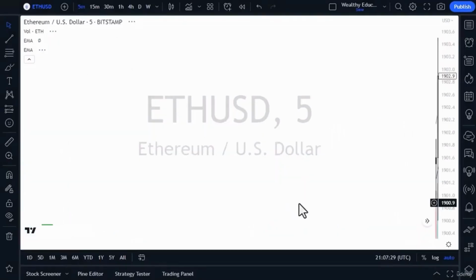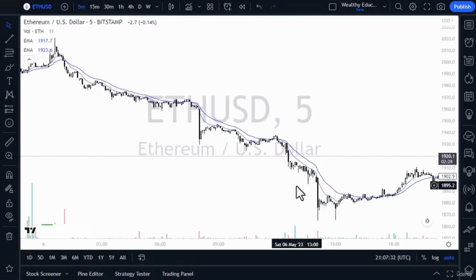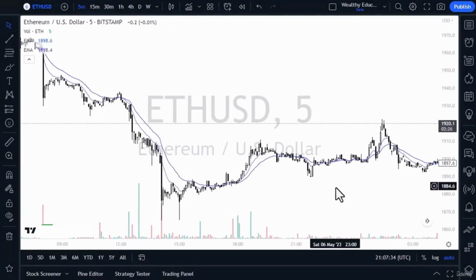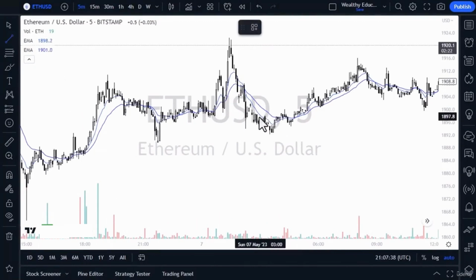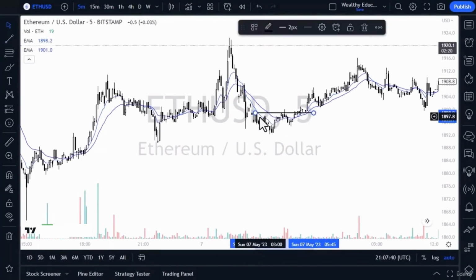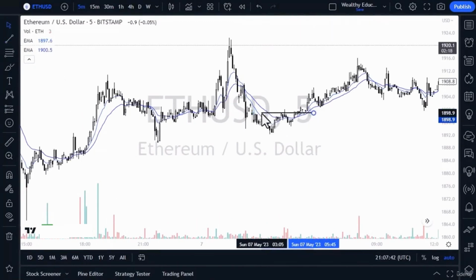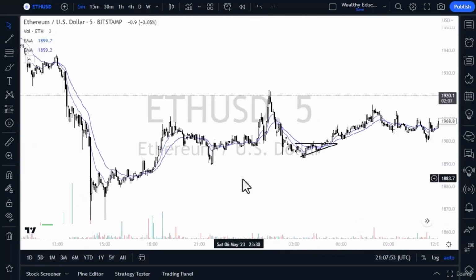So let's go ahead and take a look at Ethereum. I see this little resistance barrier here, right? So it doesn't take much to think of this as a triangle. The moving averages break above and spread out on a little bit of extra volume, and we obviously hit our target.